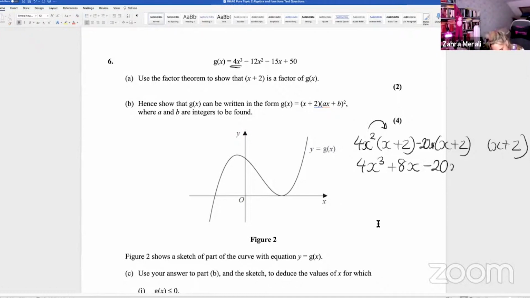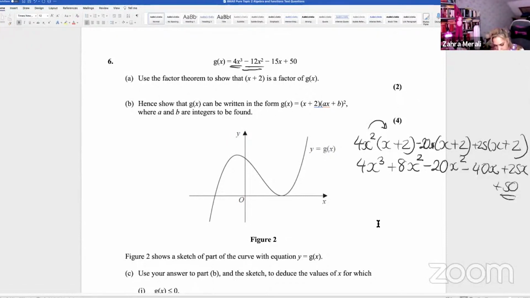I'm so sorry, that should be an x squared. So minus 20x squared. So now I've got my minus 12x squared, and then I end up with minus 40x. I don't want minus 40, I want minus 15. So this will become plus 25. So plus 25x plus 50.